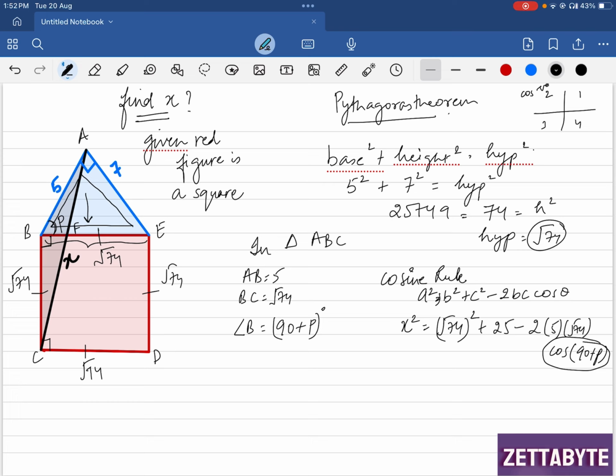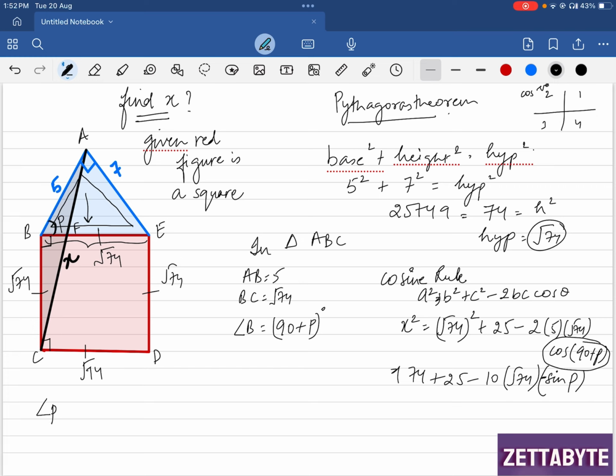So this is going to be minus of sine theta, that's going to be minus of sine p. So let's write it down. 74 plus 25 minus 2 times 5 is 10 root 74, and this is going to be minus sine of p.